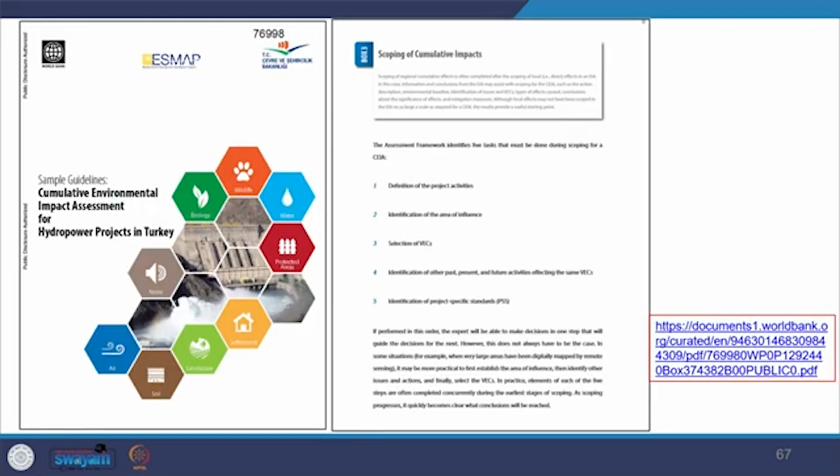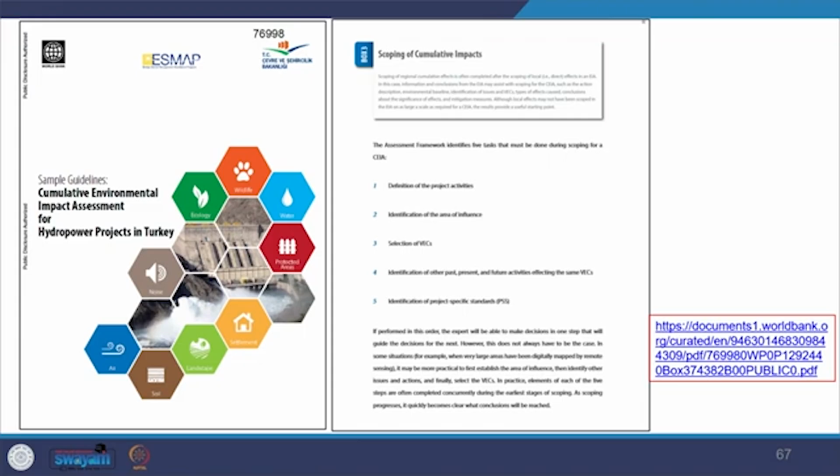And then again, you see from the sample guidelines what they say about scoping of cumulative impact. In the scoping stage, you need to define the project activities. You need to tell what's going to happen in your project activities. And then you need to do the identification of the area of influence. So you need to find out how much area you're going to take, and which VECs you're going to cover.